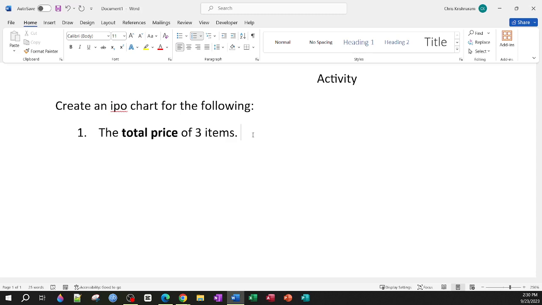Like in this case here, if we're totaling the price of three items, it could be any three items. Any three items from a supermarket, from a hardware store, a grocery store, anywhere. So sometimes when we're creating the program, we create it in a general manner so that it could work for any case instead of being something specific, unless we have to be specific. So that's something you can keep in mind.